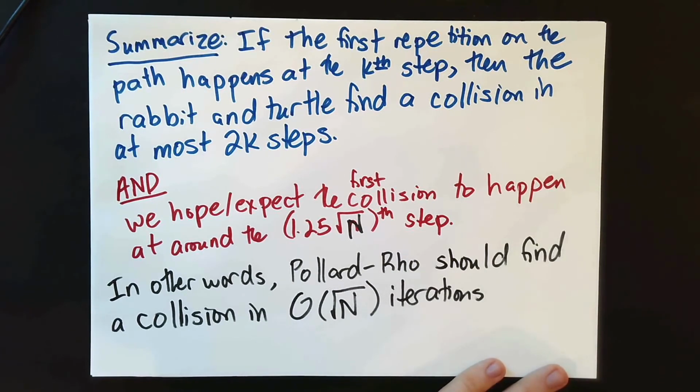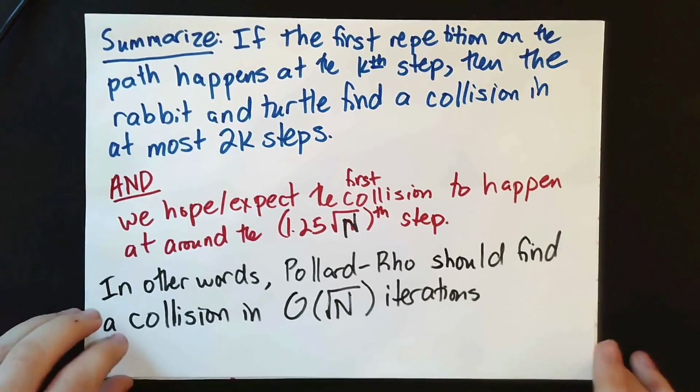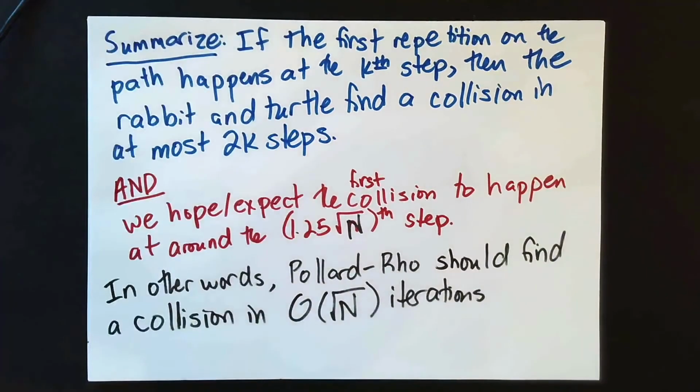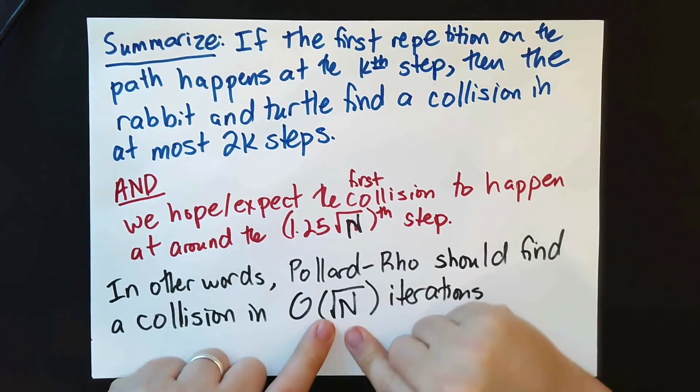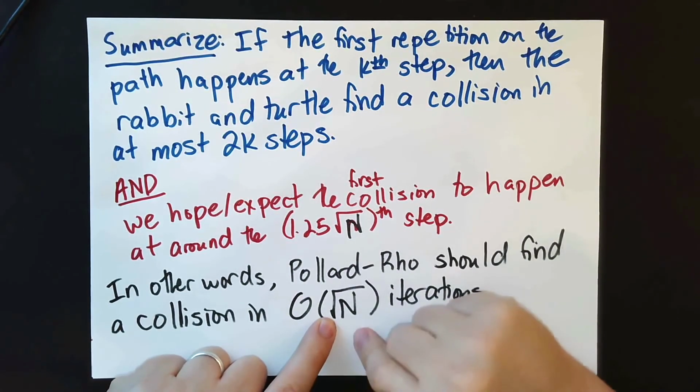And so ultimately, this should be an algorithm that finds us a collision in an amount of work that is O of square root of n. This is a genuine improvement over the previous algorithm where we needed O of n work. And this O of square root of n is what's going to allow us to factor and take discrete logs more quickly.